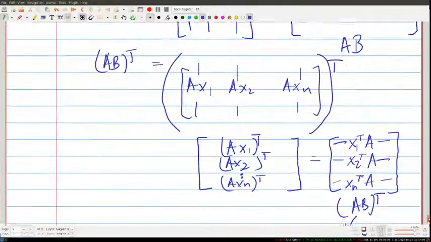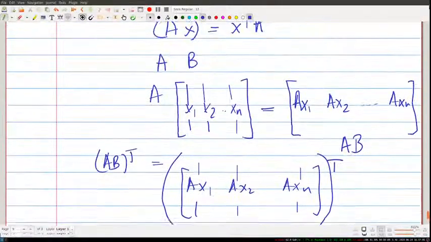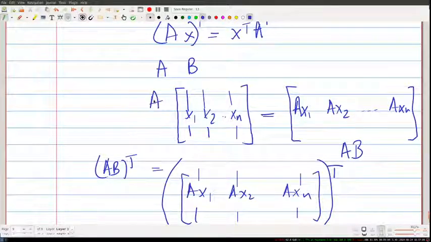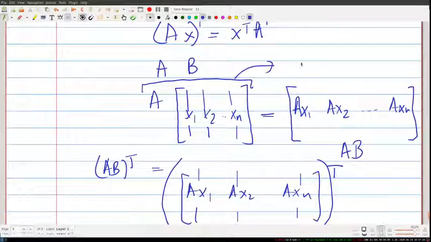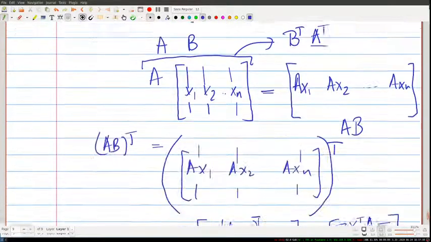View it exactly like this: this is A, this is B. Now view this in the same format. Try writing B transpose A transpose and see what you get. I'm giving you a hint: these columns will become rows, X1 transpose, X2 transpose, and just leave A transpose as it is and see what you get. Okay.